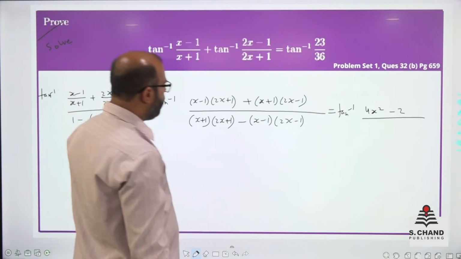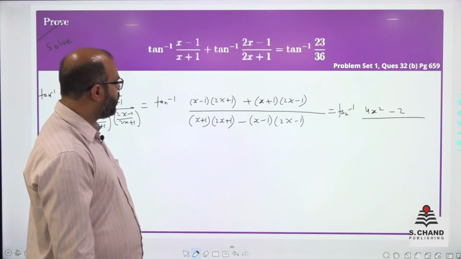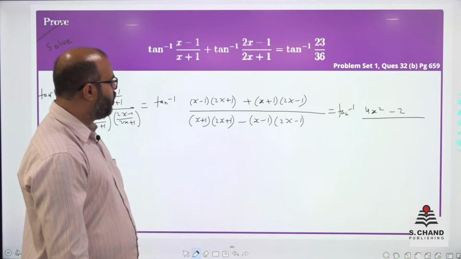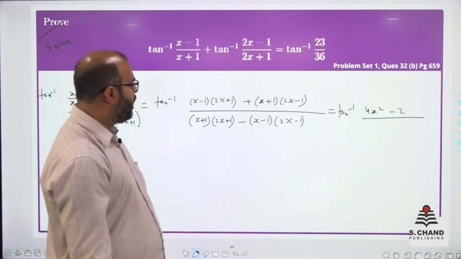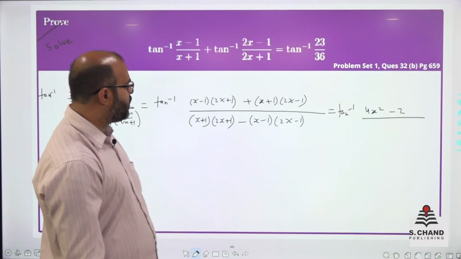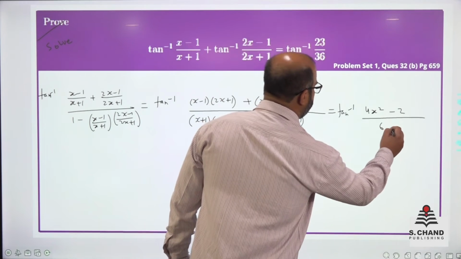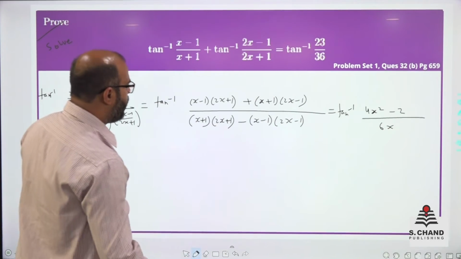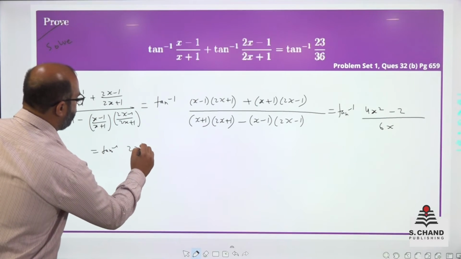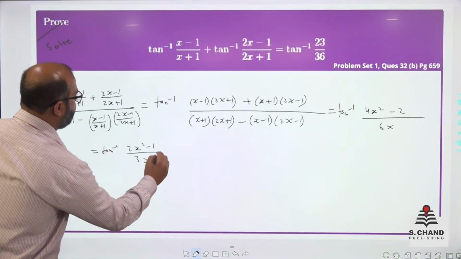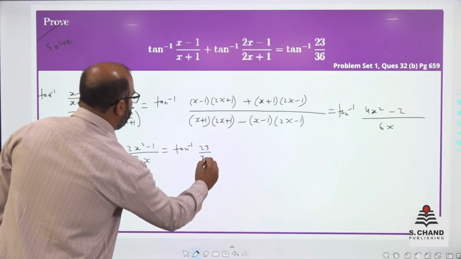In the denominator 2x square will get cancelled and 1 will cancel, 2x plus x is 3x, and minus 2x minus x is minus 3x, and minus of minus 3x plus 3x will be 6x. So 4x square minus 2 over 6x, this will become tan inverse of (2x square minus 1) by 3x, which is equal to tan inverse of 23 by 36.